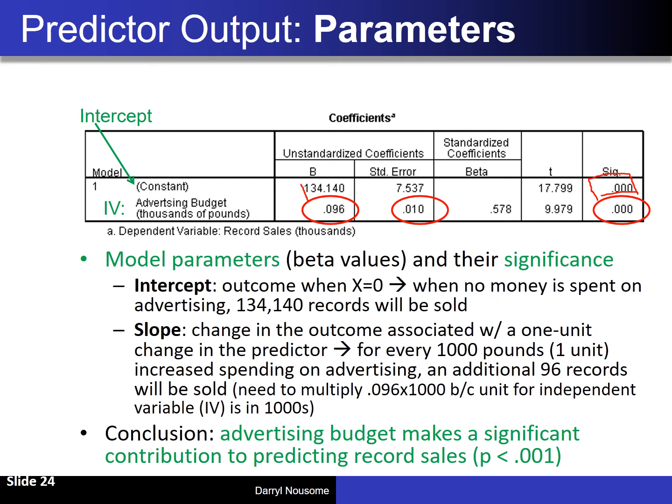We need to multiply that by 1,000 because the independent variable is in thousands as well. So make sure you understand what this beta is telling us: for each unit change in this variable, this is how much our dependent variable changes. And that effect is statistically significant.